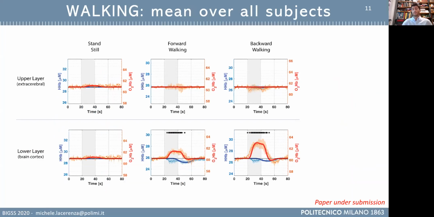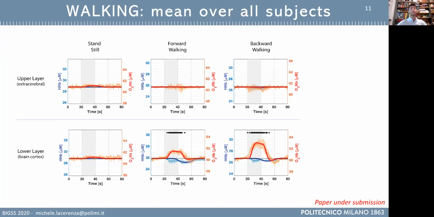So after that, we decided to group all the subjects and all the repetitions and make an average for each of the tasks. So we have the control standstill task, then the forward walking task, and the backward walking task on the columns here reported.